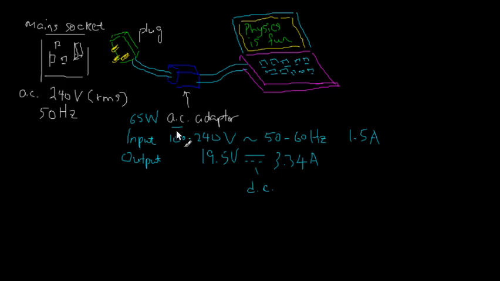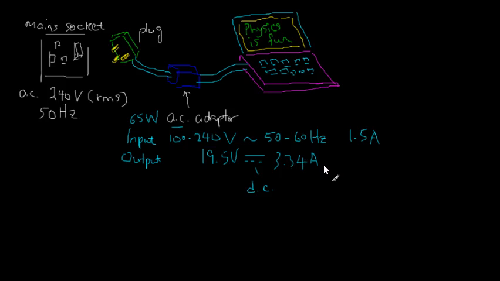It would convert this description, an alternating current of this description, to an output voltage, which is a direct current, which just goes in the same direction and maybe stays constant, doesn't keep changing, and that has a voltage of 19.5 volts, and that can give a current of 3.34 amperes.